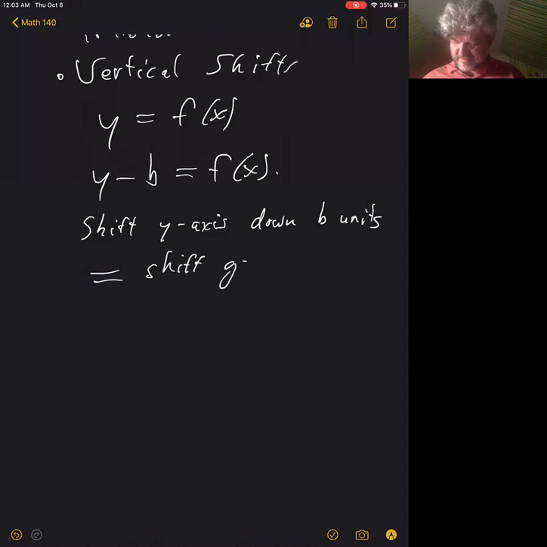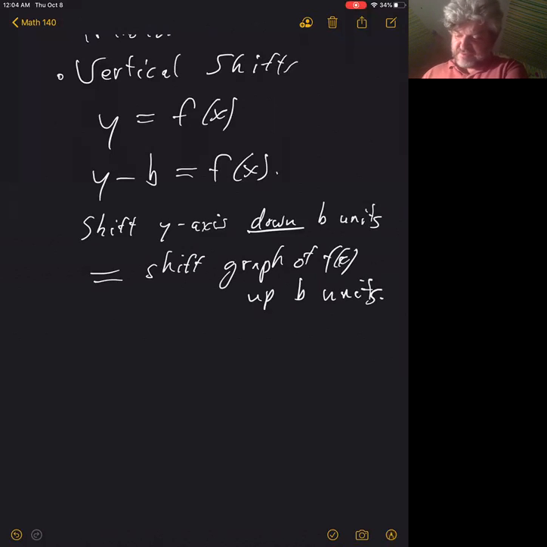Shift the graph of f of x up b units. Let me look at an example. Say y is 2x minus 3.